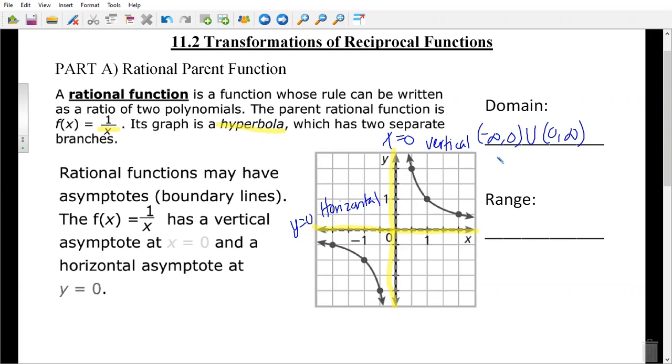If we were to write this in set notation, with the fancy braces, it is x such that x is a real number, or you can use the symbol that stands for "is a real number," but x does not equal 0. That is a mathematical sentence for you.